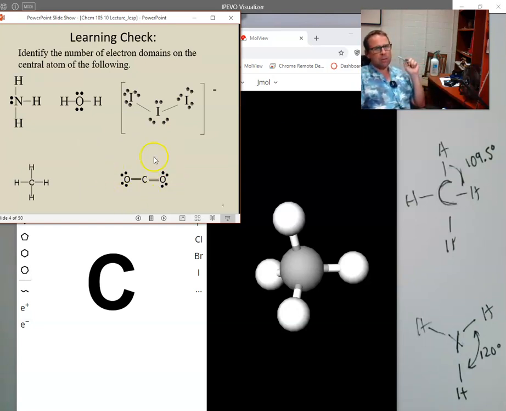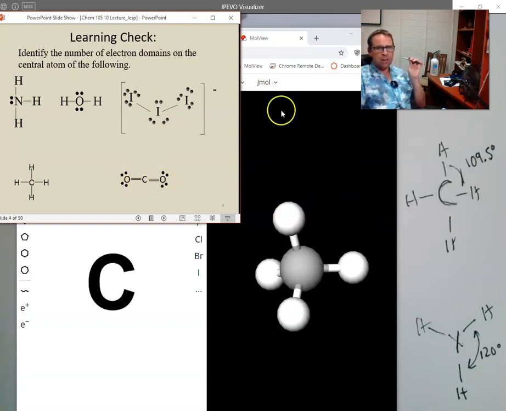Okay, now, here's a compound, carbon dioxide. Nikki, how many regions of electron density are around that central atom? Does a double bond count as one region? It does. It only counts as 1 region. Around this central atom right here, around the carbon, there's 2. 2 regions of electron density, 1 here and 1 there around that central atom.